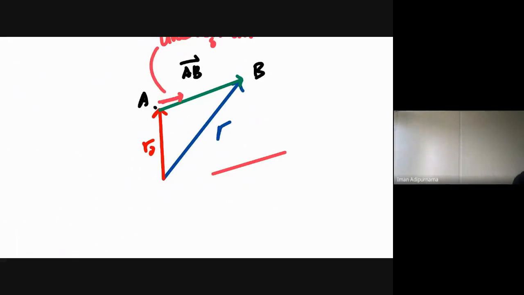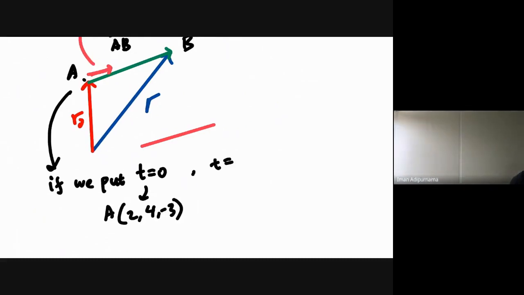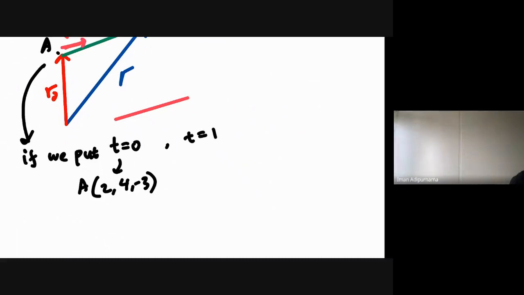Okay, so for example, if we put t equals 0, we get back to A, which in the previous question is 2, 4, and -3. And if we put t equal to 1, it goes back to B, right? That is 3, -1, and 1.